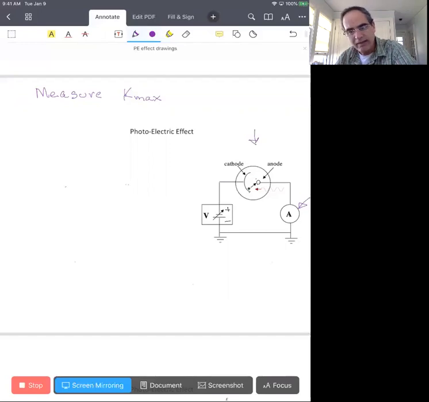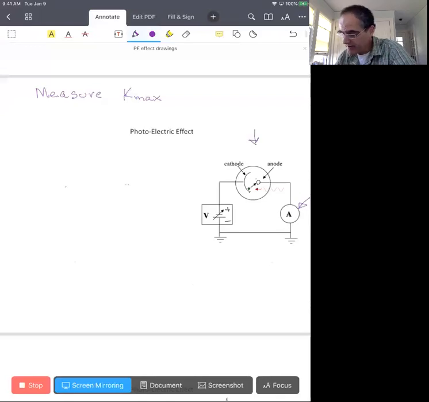Then we can see what will happen. The anode will be negatively charged, which means that it will repel electrons. And if we make this voltage large enough, the anode will repel all electrons that leave the photocathode, so that no electrons will be able to travel from cathode to anode because the repulsive force will be too strong.